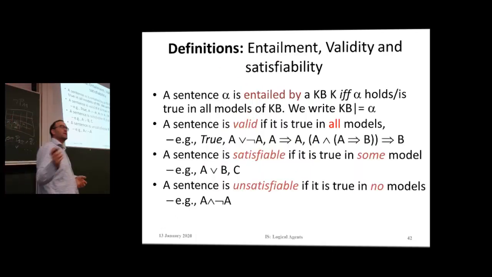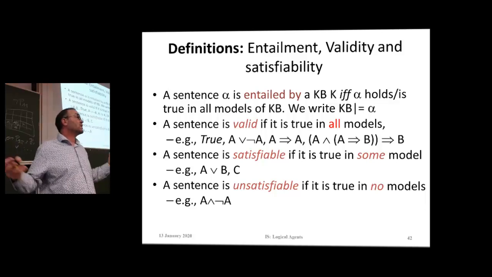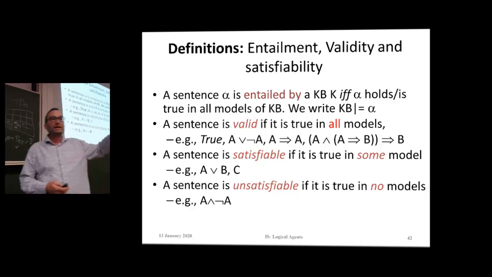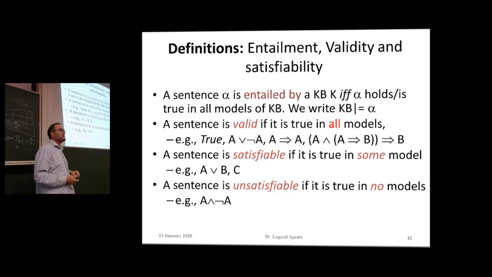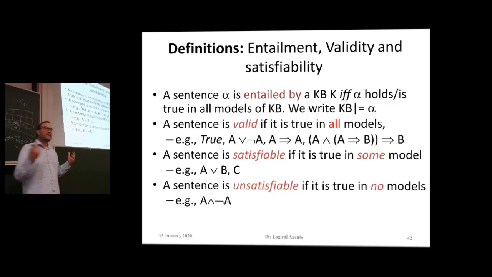And basically, in the real literature for logic, when you follow an advanced logic class, there are many interesting properties about the languages. For example, the notion of satisfiability or validity, and they are all related to this notion of models.